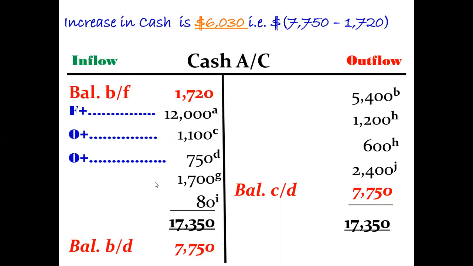Let's talk about this 80 now. What happened with that 80 again? We bought some supplies for use in our business, and one of our colleagues ran out, and we just sold them some back at cost.